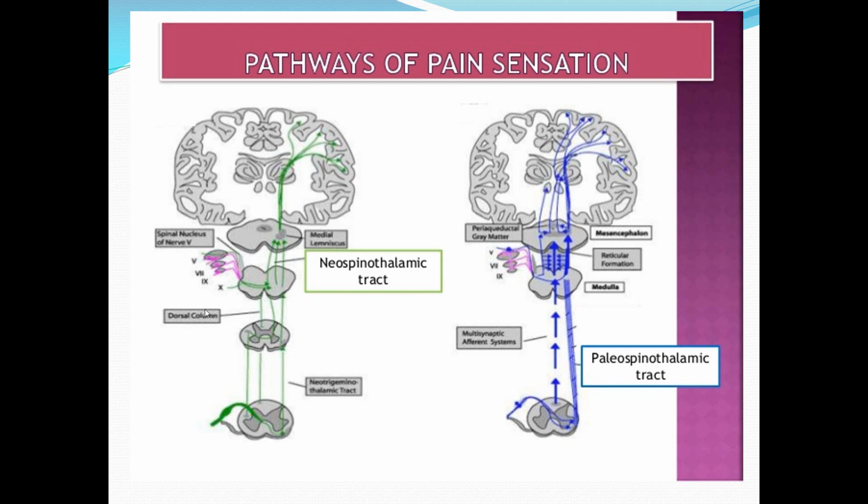One, neospinothalamic, for the fast pain sensations, and for the slow pain sensations we have the paleo-spinothalamic tract. And over here, the important thing which is actually helping us is the reticular formation.